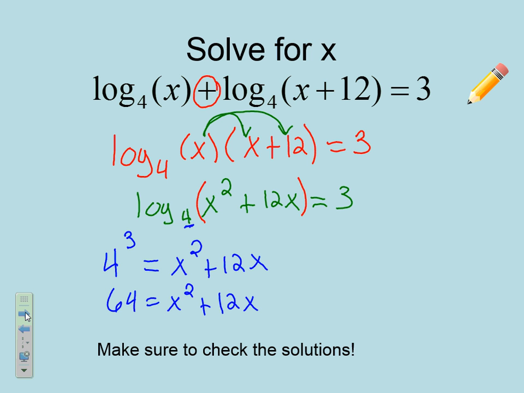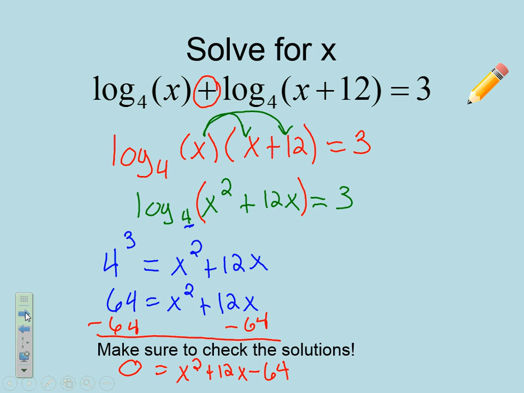Now, we have a bit of a problem here because I have x squared and x. So yes, ladies and gentlemen, we will be factoring once again. We're going to subtract 64 on this side, and when I do this, I'm going to get 0 equals x squared plus 12x minus 64.